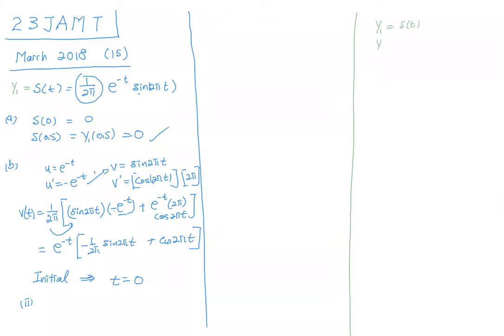What you need to do, for your y2, you put d over dx, and this one you put y1, x equal to x. This will be your v(t). Please remember that. So you can straight away get the answer for part 2.